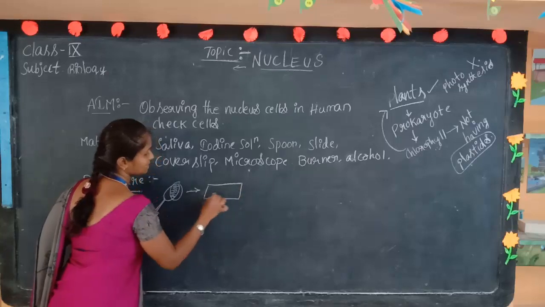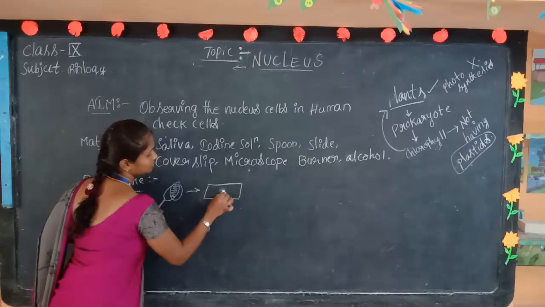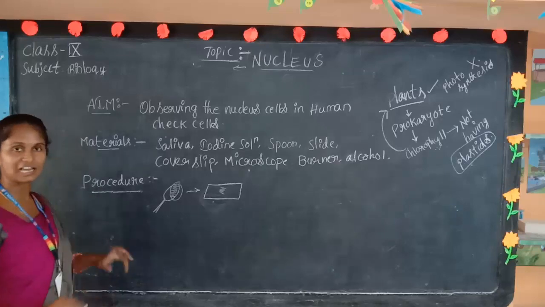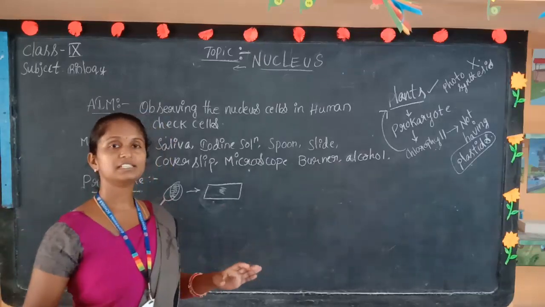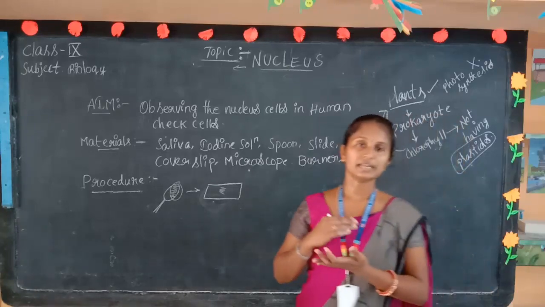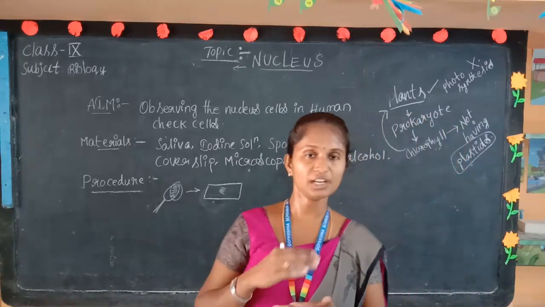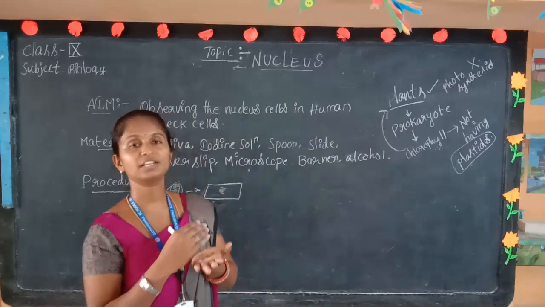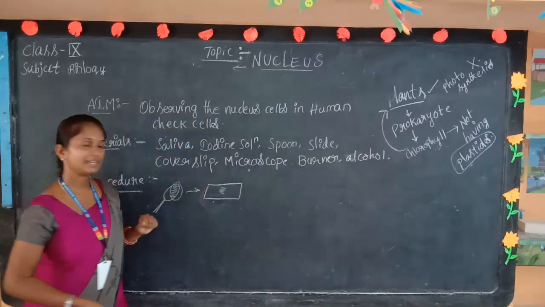This saliva we need to place on a slide. This is the slide. Do not let it dry. That slide should contain only a thin layer of saliva, without any bubbles. A thin layer of saliva needs to be collected on a slide.